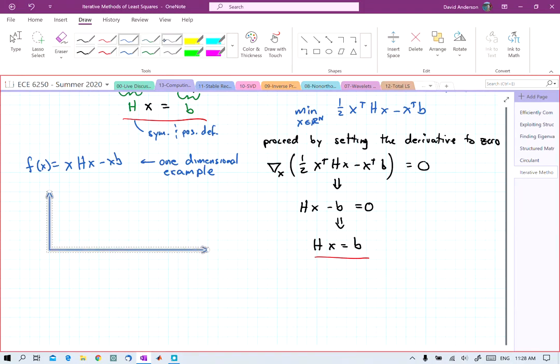Like so. In this case, as a function of x, we will have our optimal solution x naught right there, and we can do a gradient search.